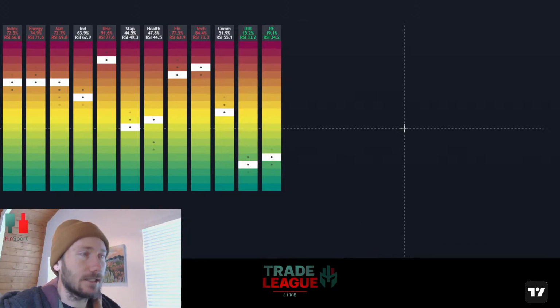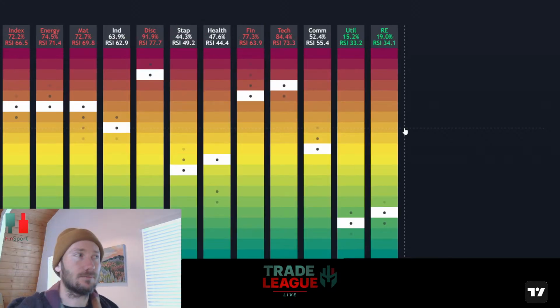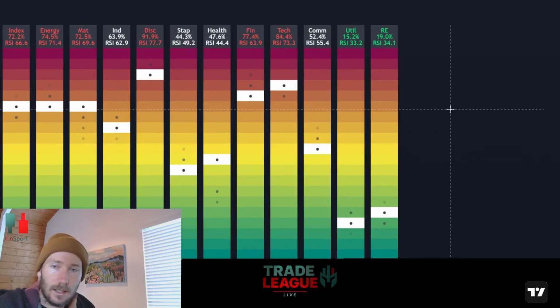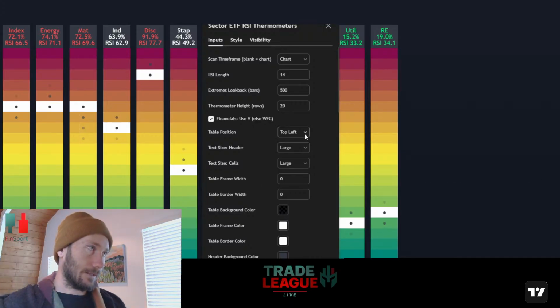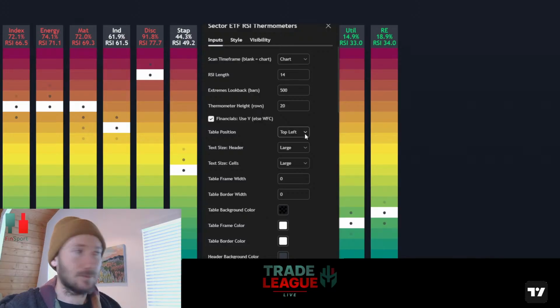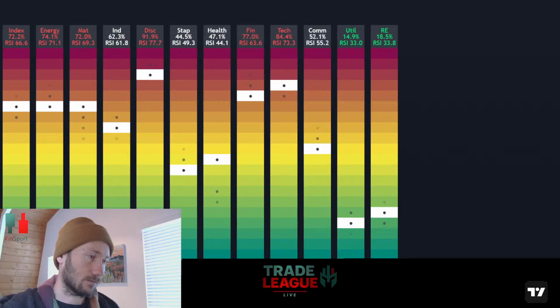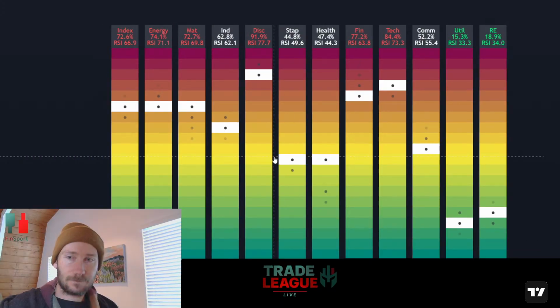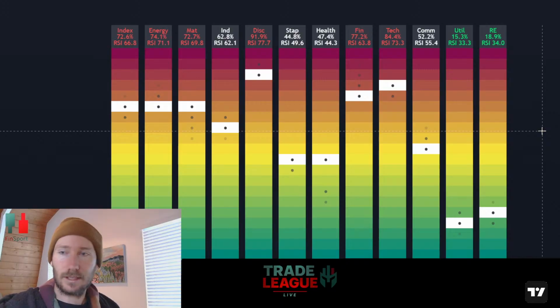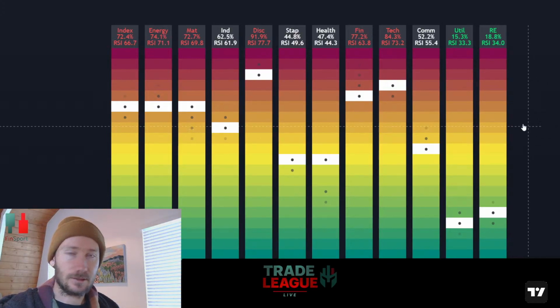But yeah, it just gives me an idea of the sectors, the momentum, and where they're at as far as how it's comparing to their extremes, which I find is really, really useful. Maybe I'll move this over. Okay, well, it's a little blocked off by me, but that's all good.